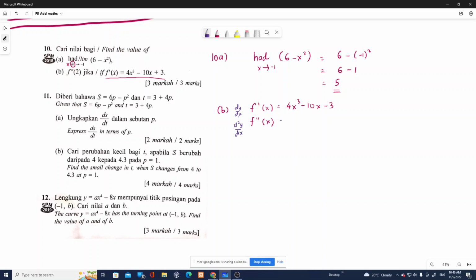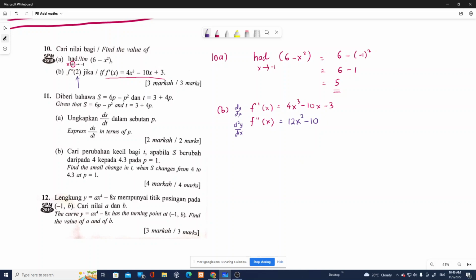Faham ke, Dizo? Faham, sir. Okey, Dizo bagi tahu sir macam mana nak buat membezakan kali kedua. 4x 3 tu buat turun jadi 12x kuasa 2. Tolak 10x. 10 saja. Betul. Itu sajalah. Okey, bagus. Cari nilai F2. So ada 2 di sini.